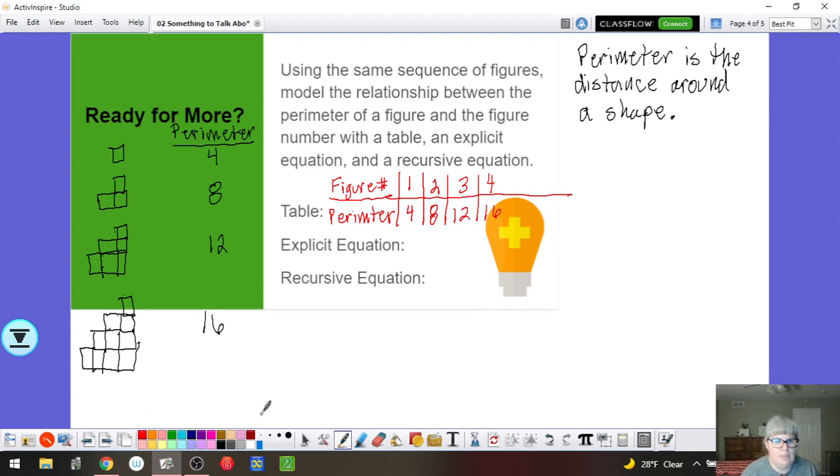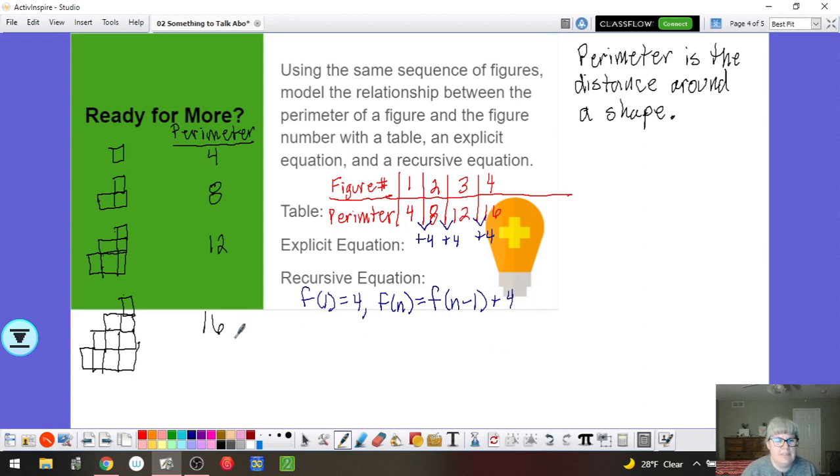If we look at these, they're going up by 4 every time. So our recursive equation is going to be f of 1 equals 4, that first value. For any figure after that, it's the previous term plus 4, because we're always adding 4.